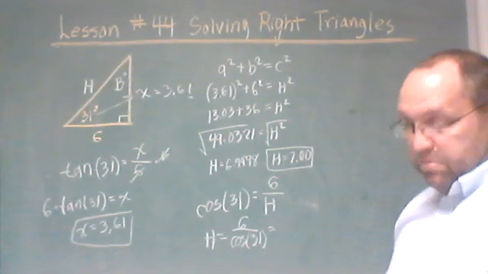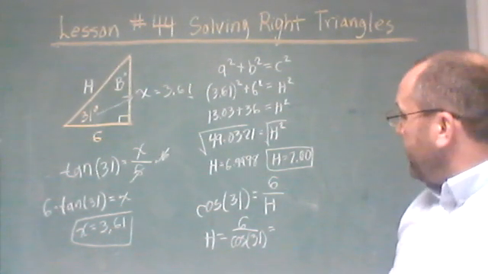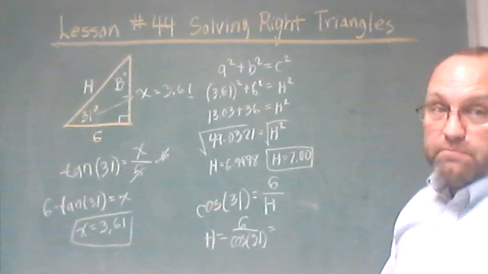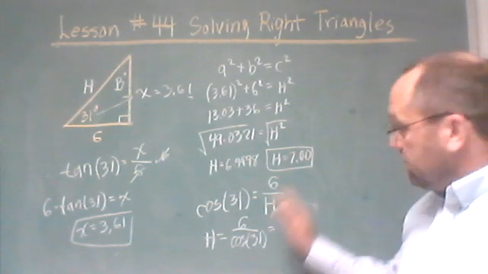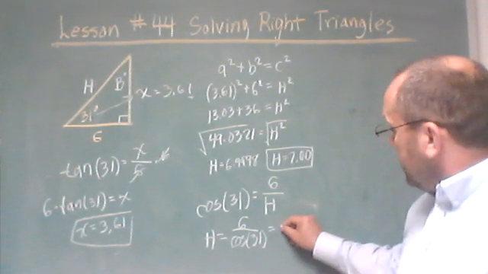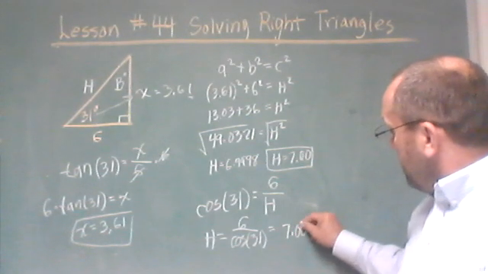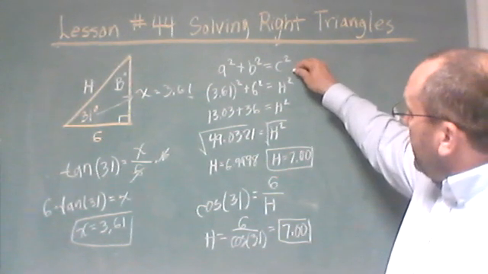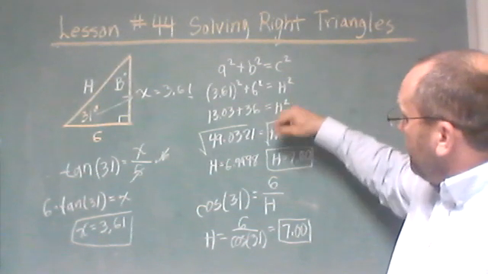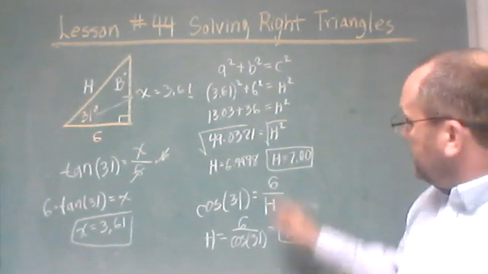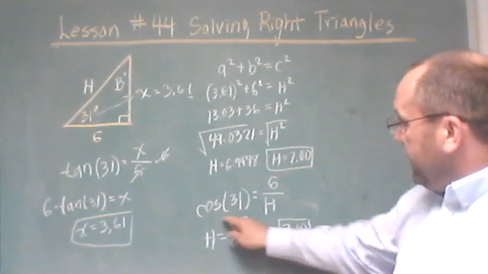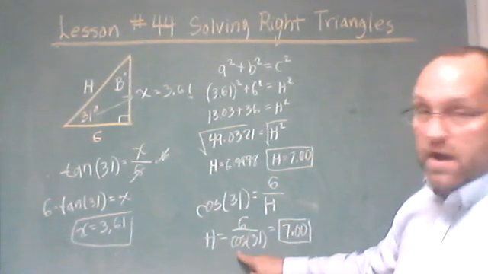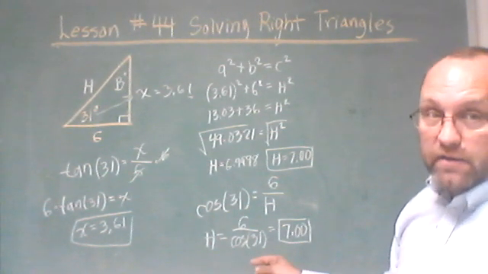okay? When I plug that into my calculator, what do I get? I get that same number, 6.9998, whatever on down the line. Okay, it equals 7.00. Well, I notice here I had 1, 2, 3, 4, 5 steps to get to the final solution. Here I had basically 1 and then plug it into the calculator.